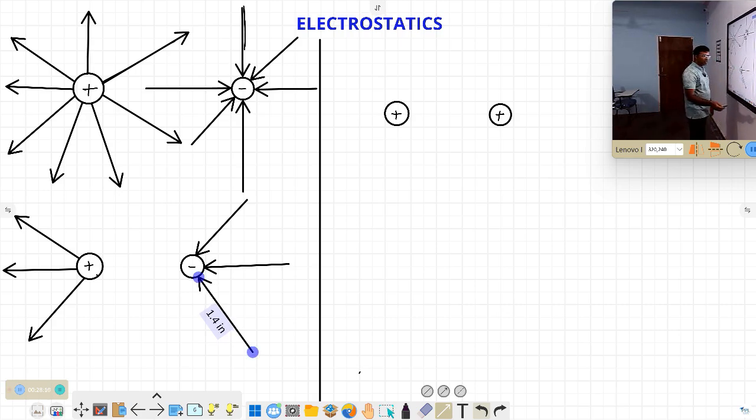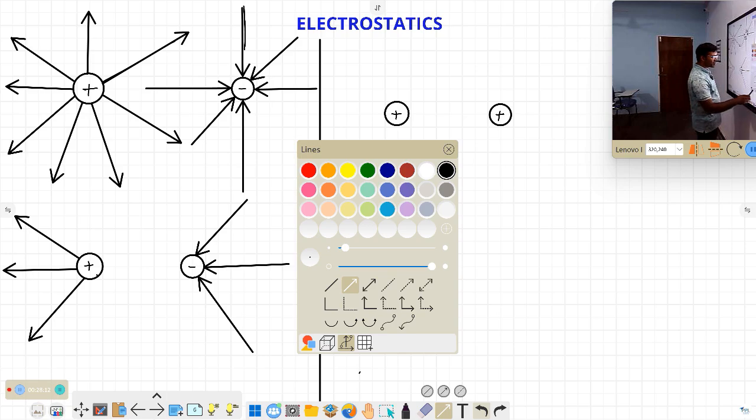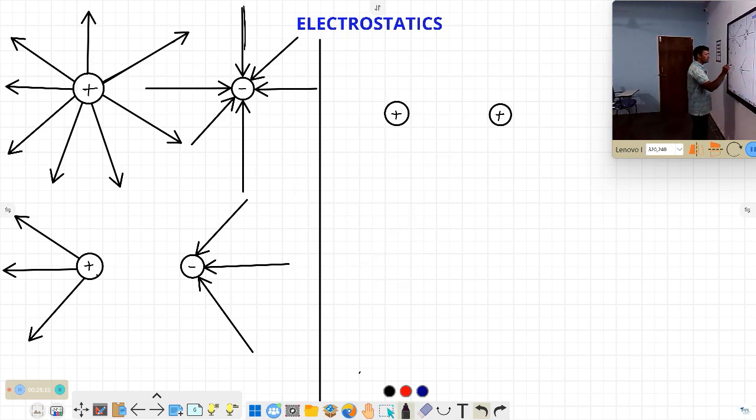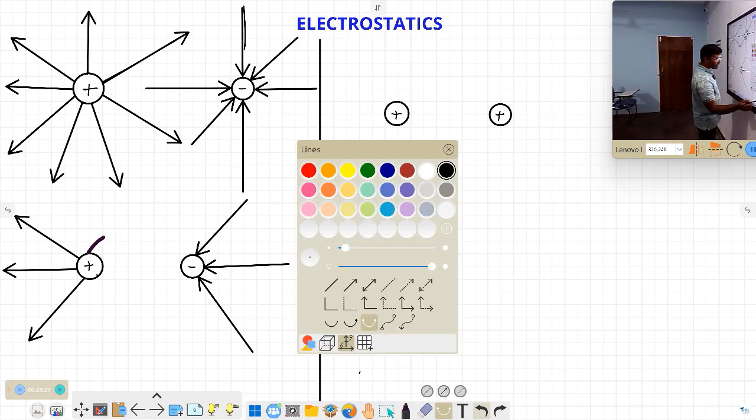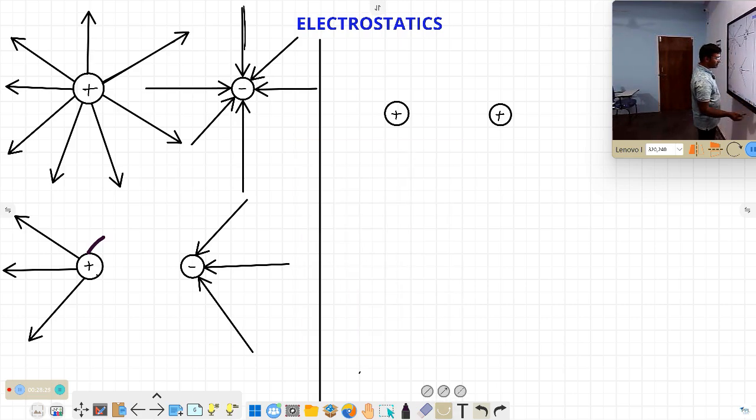Plus and minus are there. So here the electric lines of force will be due to the force of attraction. The line of force which starts from the positive will be attracted by the negative.